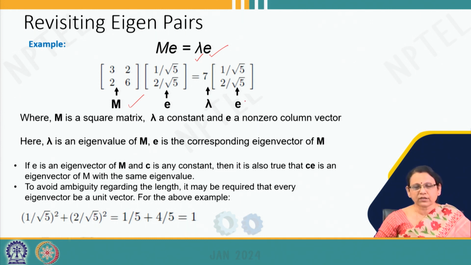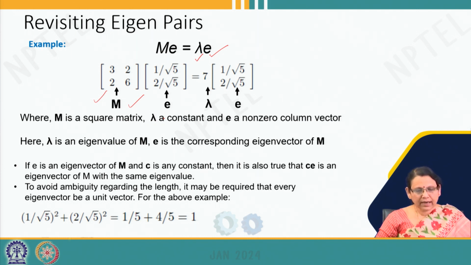Connecting it to what I told you, when we are dealing with and characterizing data, our covariance matrix can be one such square matrix. So, M is a square matrix, lambda is a constant and E is a non-zero column vector. This lambda we call the eigenvalue of M and E is the corresponding eigenvector.